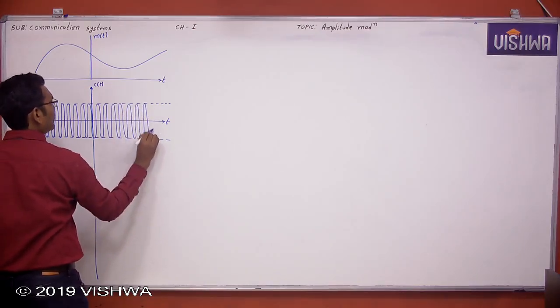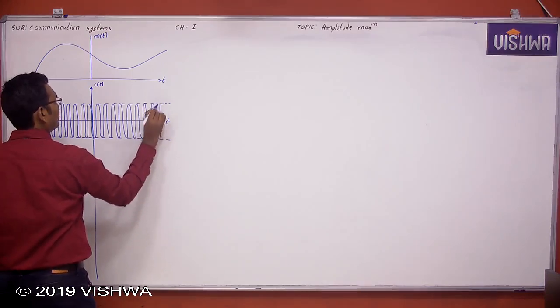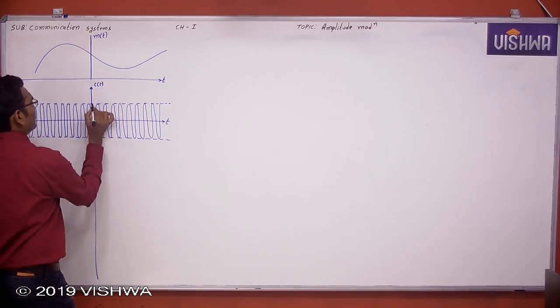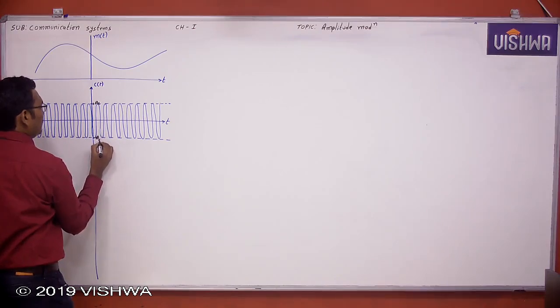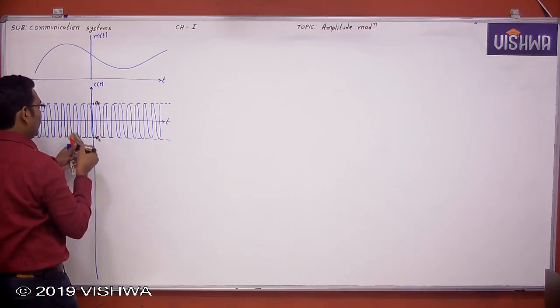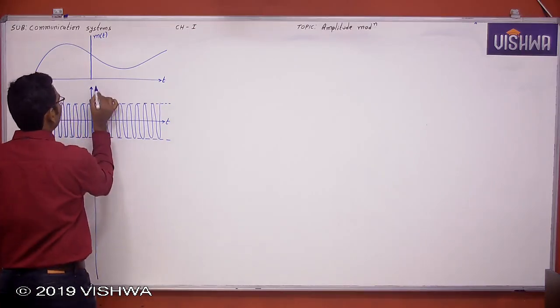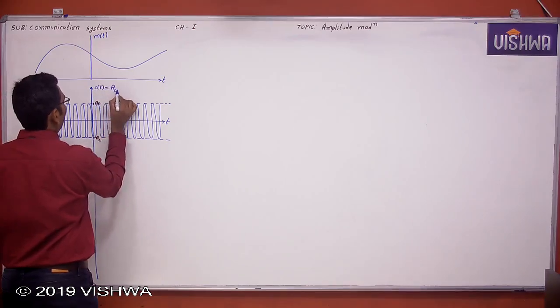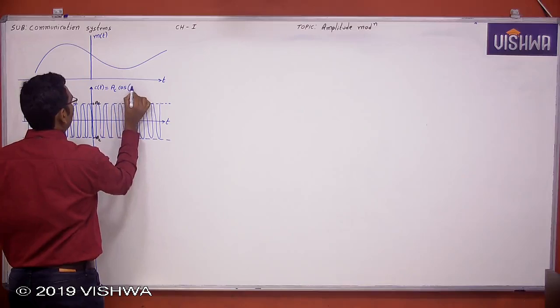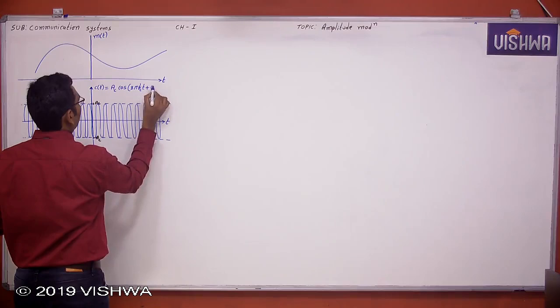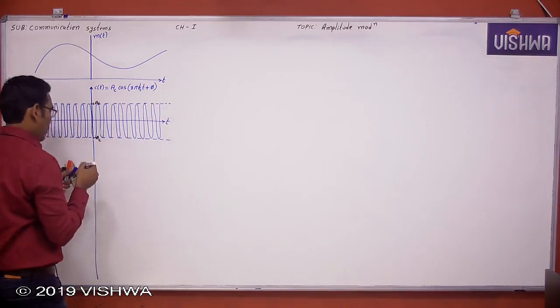This carrier signal has peak amplitude plus Ac, minimum amplitude minus Ac, peak to peak amplitude 2Ac, and frequency fc. Now this is c(t), which is equal to Ac cos(2 pi fc t + phi). Now this is the carrier.